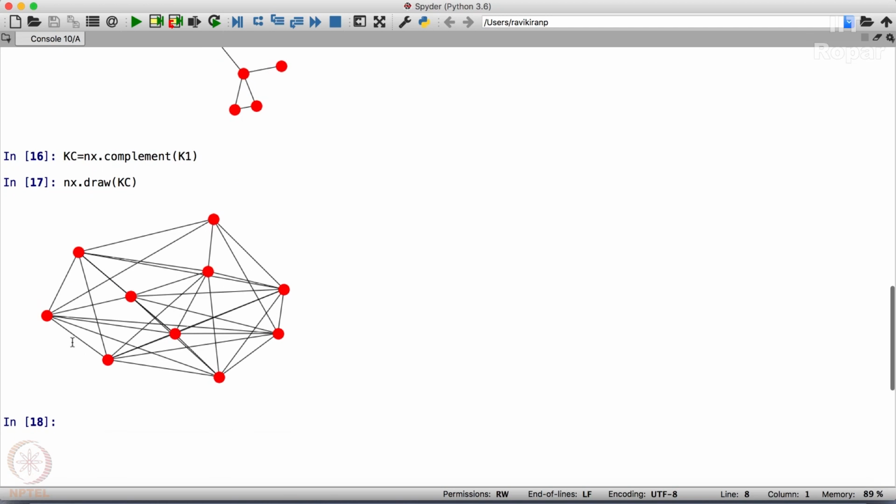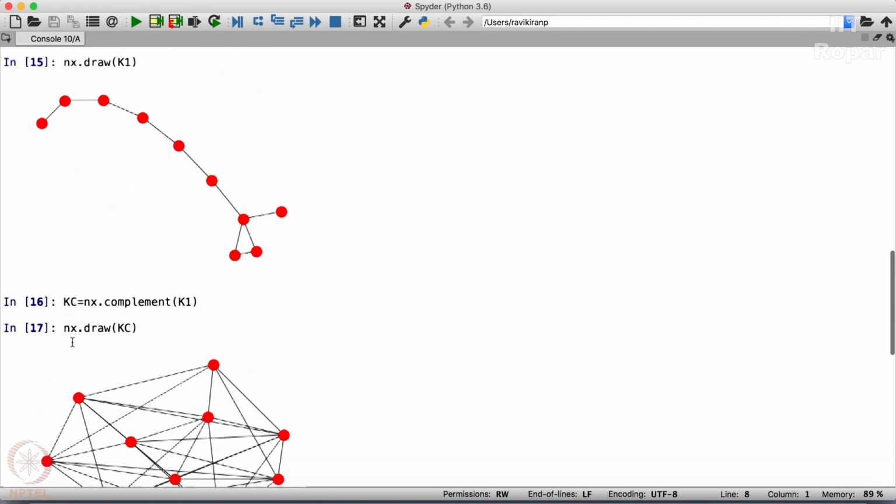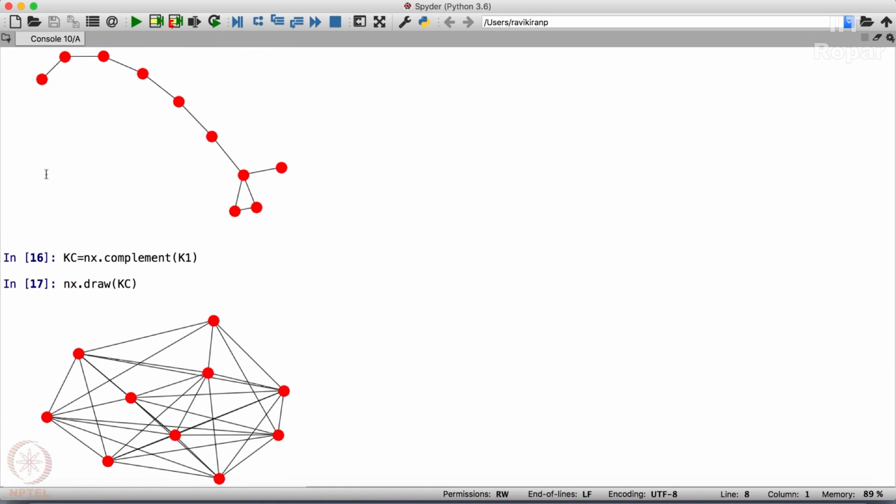Do you observe this? The complement of a connected graph can be connected too. So this was the graph K1 and this is the complement of K1, KC. So we have seen that the complement of a disconnected graph is always connected, and the complement of a connected graph can either be connected or disconnected.